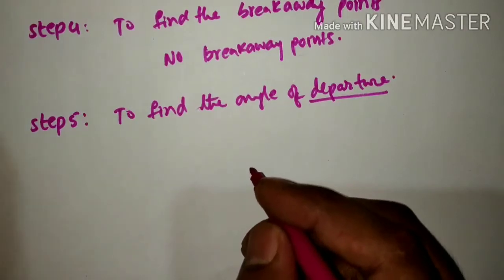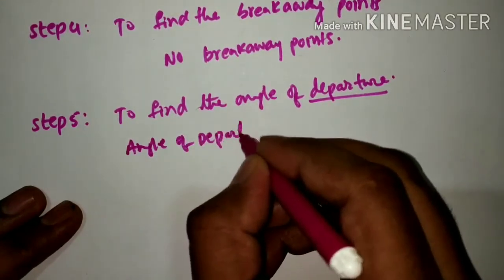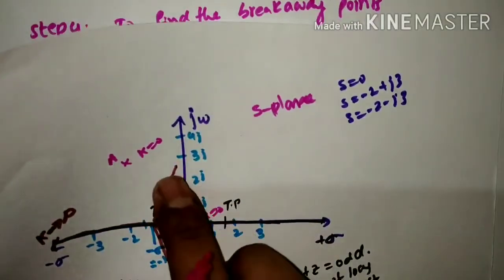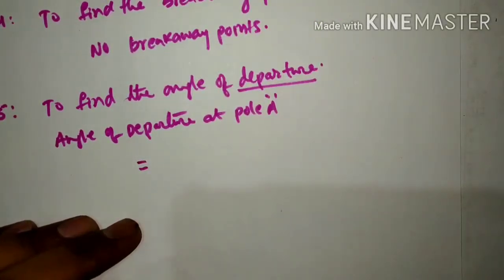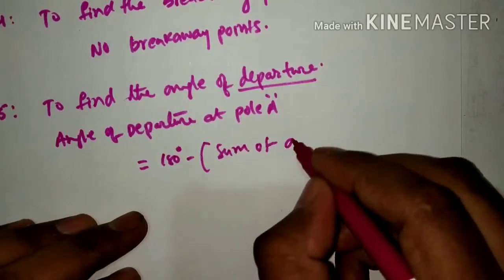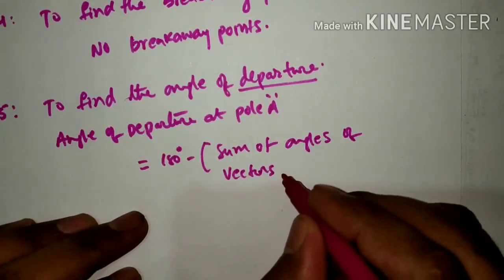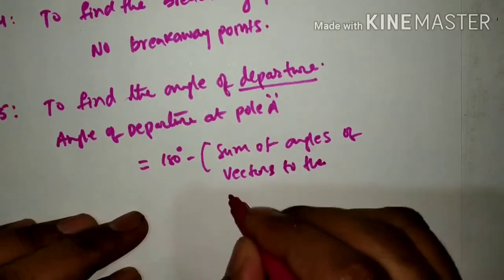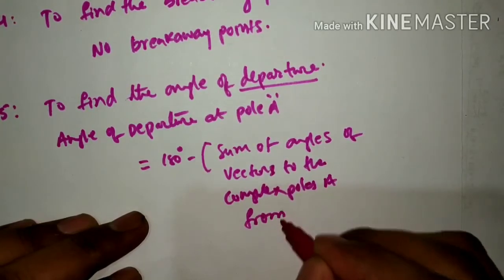So the angle of departure at pole A: you have to find the angle of departure at pole A. To find that, the equation is 180 degrees minus the sum of angles of vectors to the complex pole A from other poles.